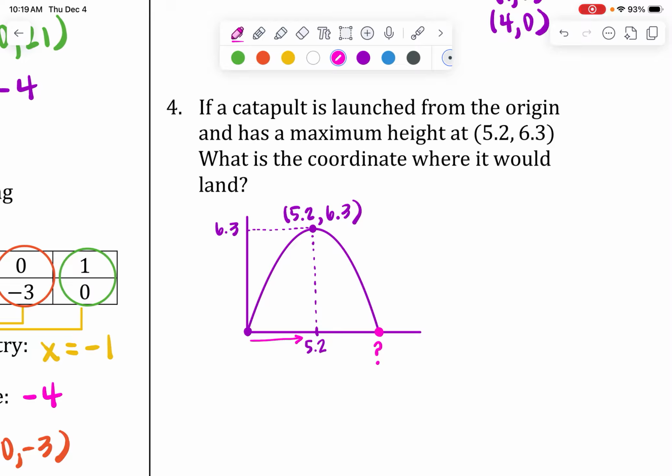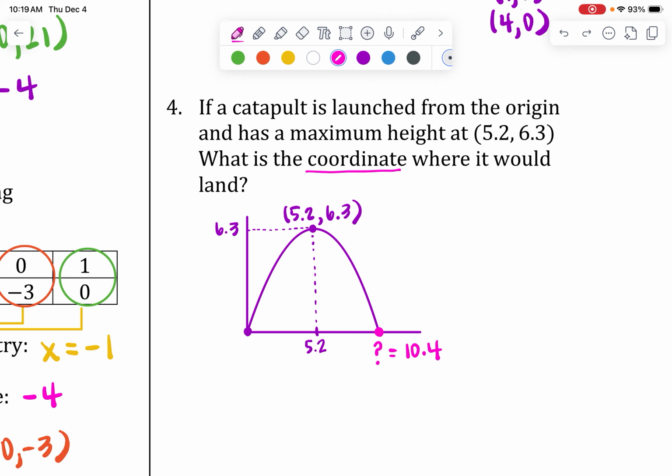And because of the symmetry of a parabola, that means it must have traveled another 5.2 seconds to then hit the ground. So I know that the question mark is going to be 10.4. I'm just literally doubling 5.2, because if it went 5.2 on this side, it went another 5.2 on this side, because it has to be a mirror image of itself.